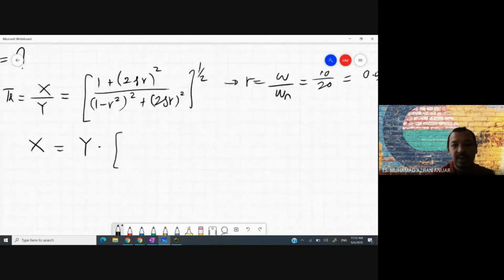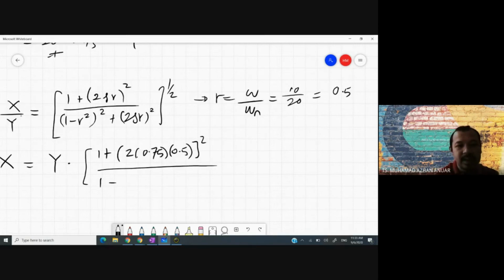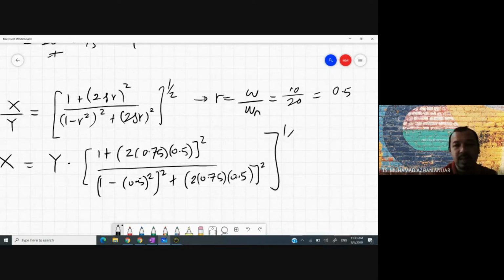So by substituting all the values here, we got 1 plus 2 multiplied by zeta, in this case 0.75, and then r in this case 0.5, to the power of 2, divided by 1 minus r, which is 0.5, to the power of 2 plus 2 multiplied by 0.75 multiplied by 0.5, to the power of 2, and then everything to the power of 1 over 2.